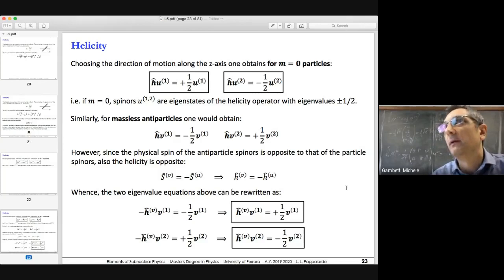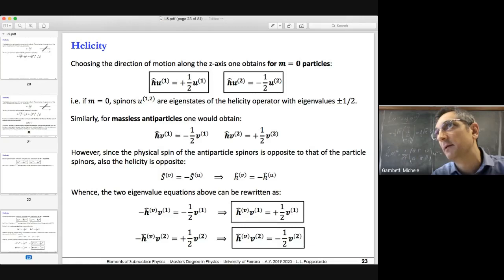However, we have to remind ourselves that the physical spin of the antiparticle is opposite to that of the particle, as we've shown before, in order to get the commutation between the total angular momentum and the Dirac Hamiltonian. So the spin operator for the antiparticle is minus the spin operator for the particle, and as a consequence, by definition, also the helicity of the antiparticle must be opposite to that of the particle. So in fact these two are not correct.